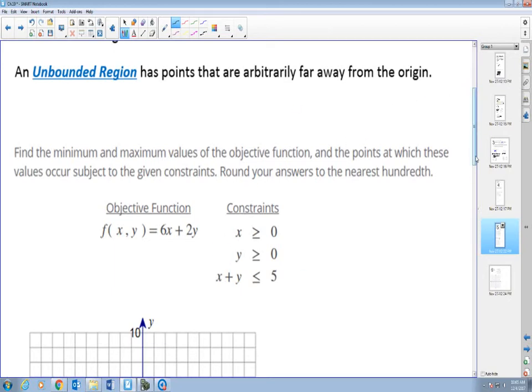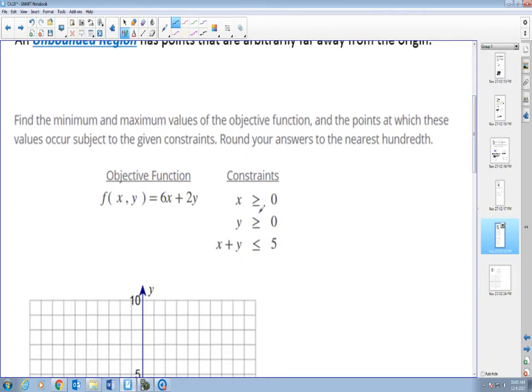It does matter whether we are using equal to versus not equal to. As you can remember, using equal to, we use a solid line. If we do not use equal to, we use a dashed line.